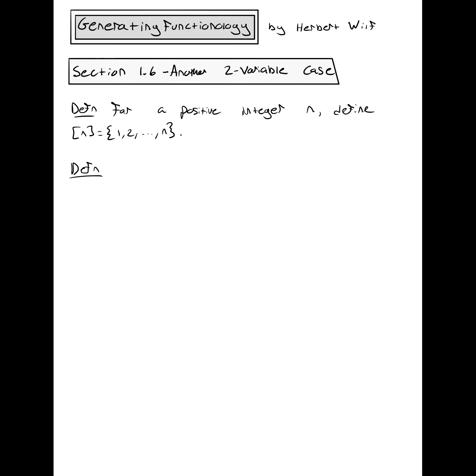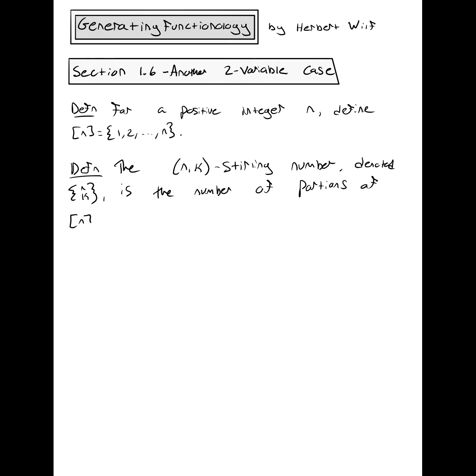Then the nk Stirling number, denoted by curly bracket nk, is the number of partitions of square bracket n into k sets. So we're defining the nk Stirling number here.